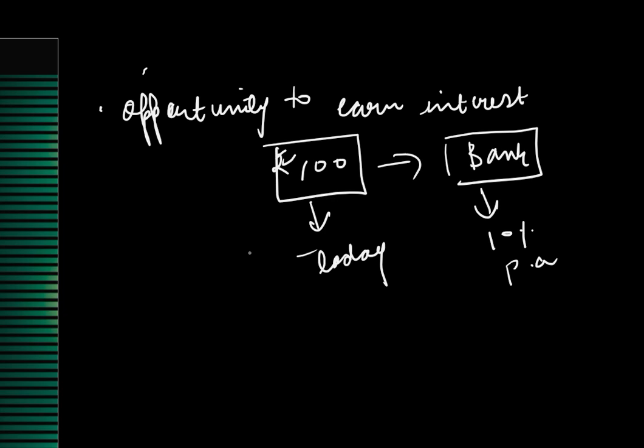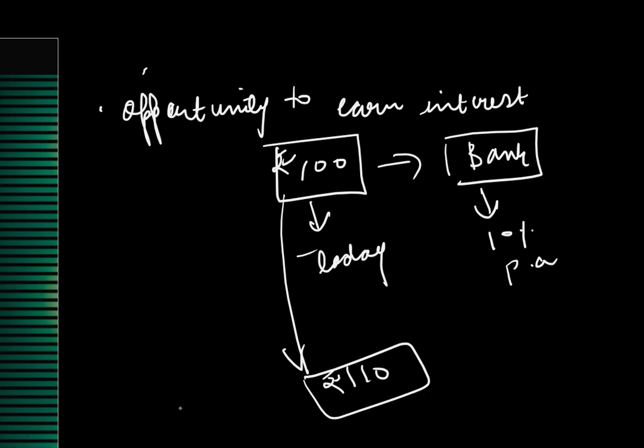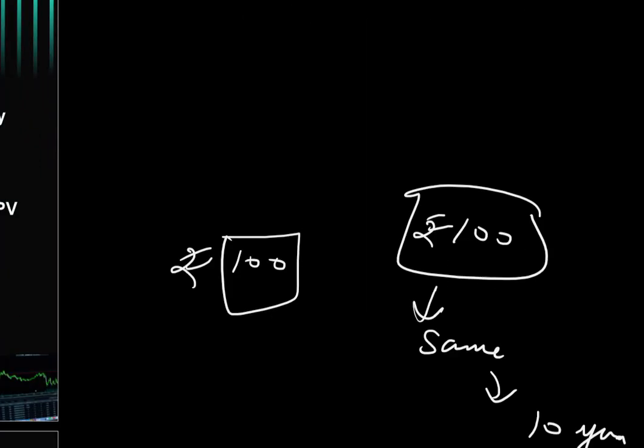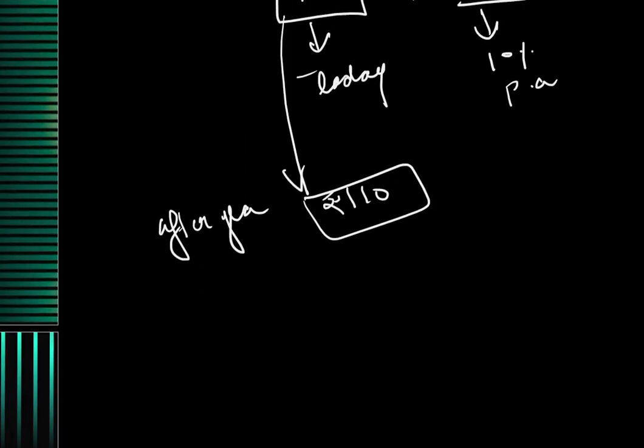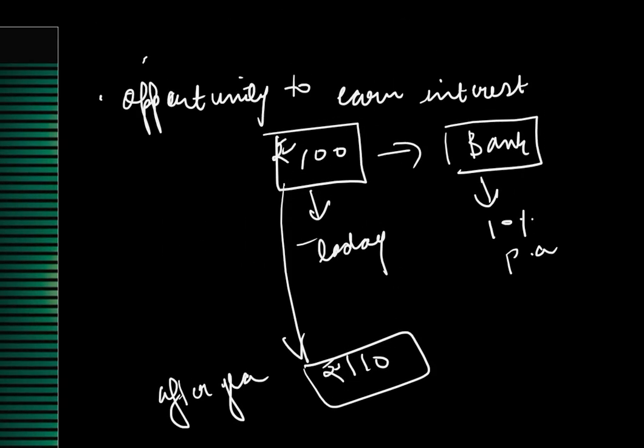So this 100 rupees will become 110 in future, that is after 1 year. So you will have 110 rupees, which means today's 100 is worth more than tomorrow's 100 rupees. So receiving money today is always a better choice.